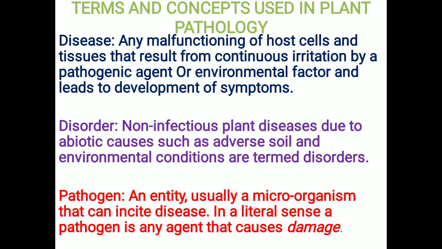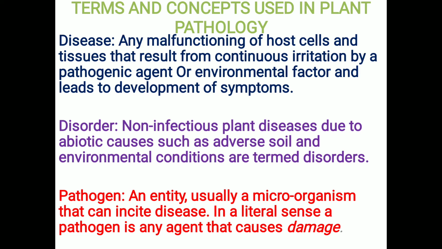Next one is disorder. Disorder means non-infectious plant diseases due to abiotic causes such as adverse soil and environmental conditions. That means abiotic causes like deficiency of nutrients in soil, soil abnormalities, or an increase or decrease in the level of environmental conditions.